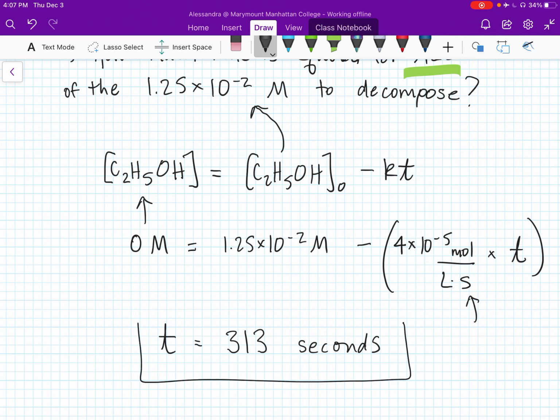So this is going to be how much time it takes for all of the ethanol to decompose. Now, just a word of warning, if you are doing problems like these and you get a negative time, then you might want to go back and make sure you didn't make a sign error somewhere along the way. Okay, so I recommend that you go back and do the algebra and make sure that you can get the same answers as in this video.